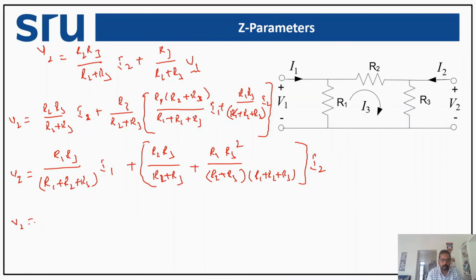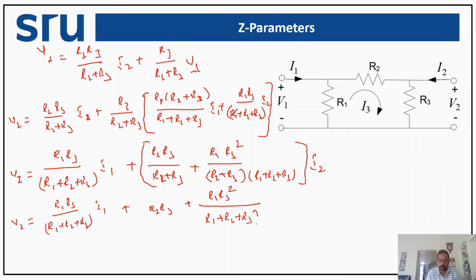So my V2 is equal to R1 R3 divided by R1 plus R2 plus R3 into I1 plus R2 R3 plus R1 R3 square divided by R1 plus R2 plus R3 into I2 by R2 plus R3.